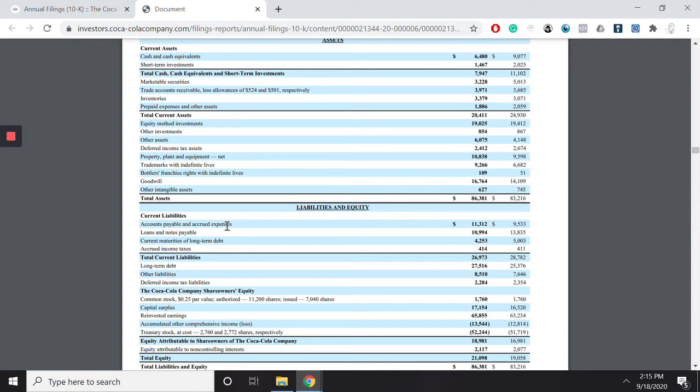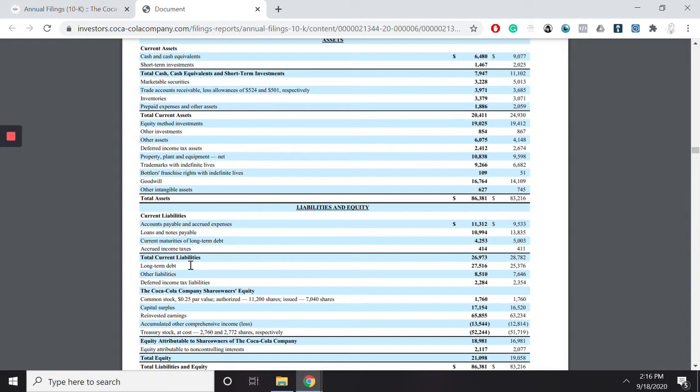Because if I sell you $100 worth of books and you pay me instantly, but I don't have to pay my supplier for the next 3 months, my cash flow is much better then. And that's what we like to see with companies. We like to see them be able to collect money that's owed to them, but be able to have good relationships with their suppliers and their vendors so that they can have more generous payment periods.